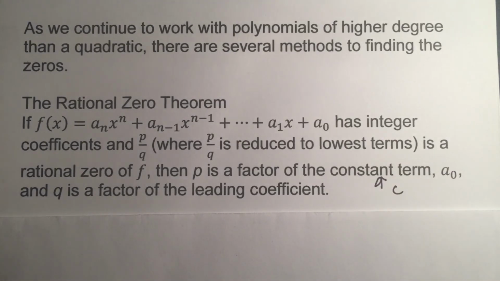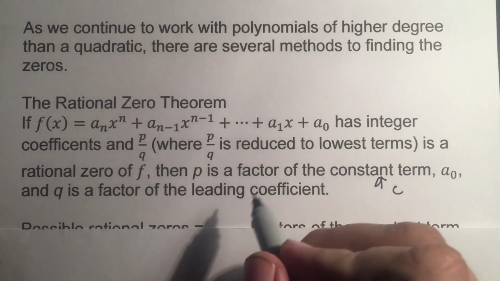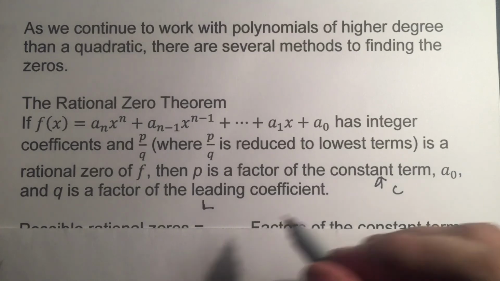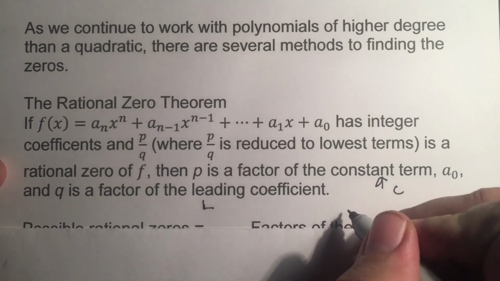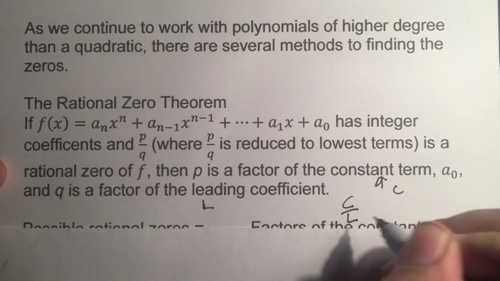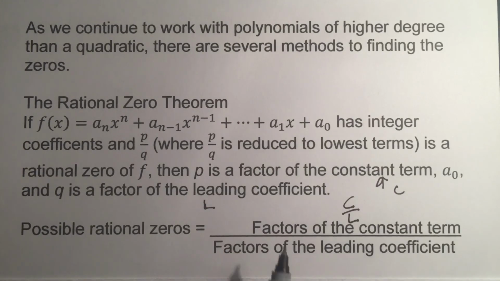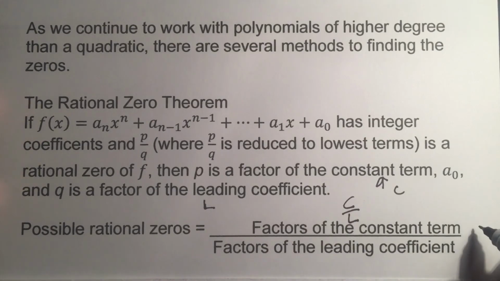Q is our leading coefficient, so let's make this an L. So C over L is what we work with to get our possible zeros: factors of our constant over factors of our leading coefficient.